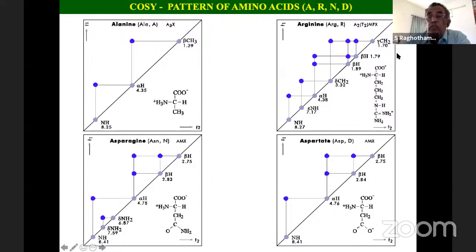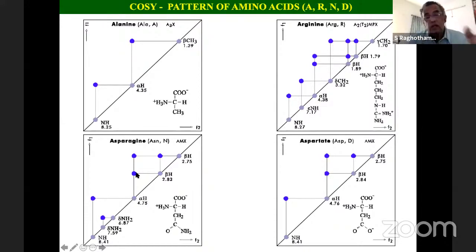From the backbone NH to the alpha, to the betas, to the gamma, and then to the delta. This delta goes to the side chain NH. You can trace it backwards also, from the side chain NH to the delta, gamma, beta, alpha, and to the NH. Though it's complicated, when you look at the 2D spectrum, it looks quite trivial.